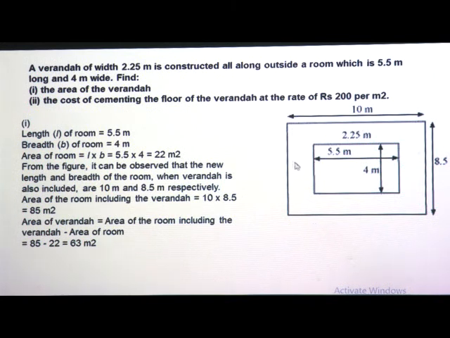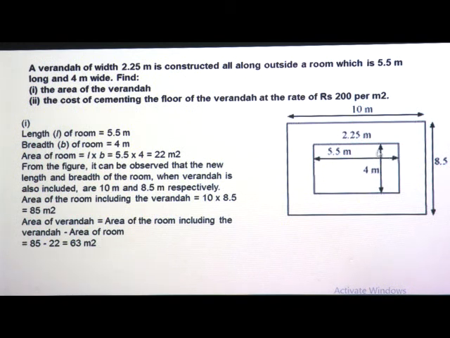Here the veranda's width is given as 2.25 meter. It is constructed all along outside the room which is 5.5 meter long and 4 meter wide.